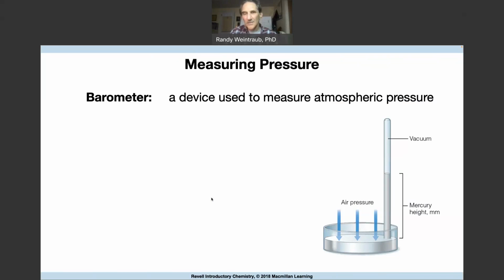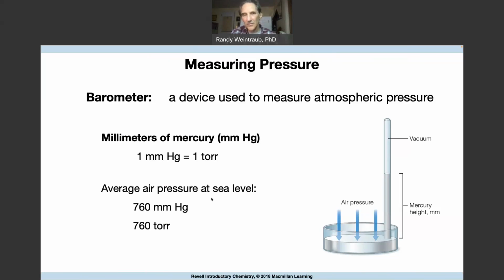Because of this, atmospheric pressure is often reported in millimeters of mercury, also called a torr. At sea level, the average atmospheric pressure is 760 millimeters of mercury, or 760 torr. It's referred to as standard pressure.